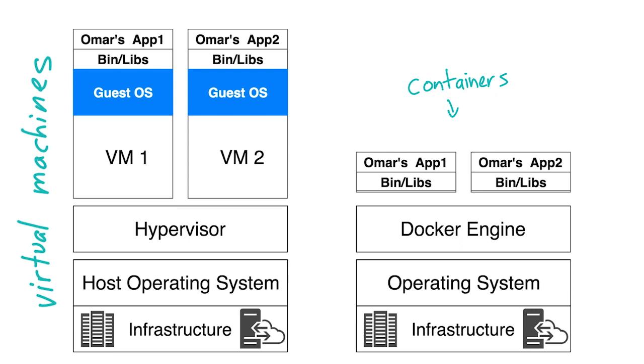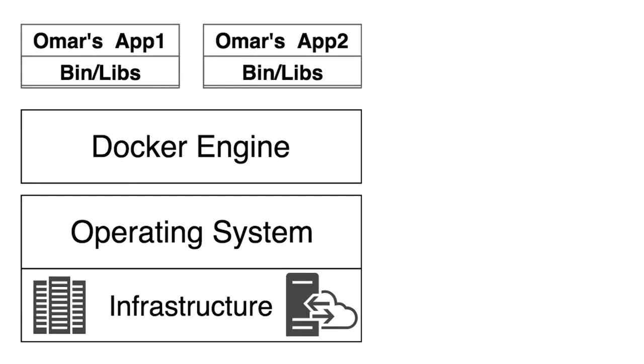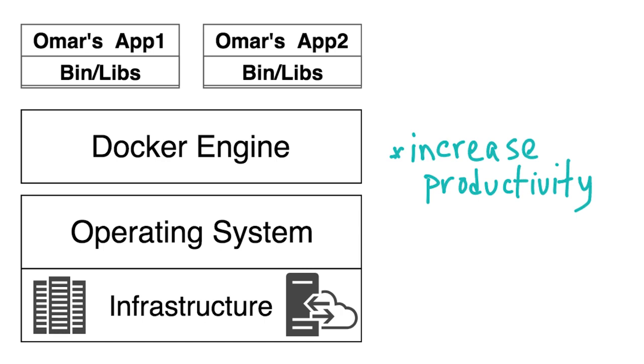Now, the biggest advantage in favor of container technology is that they can be created at a much faster pace than VMs, right? Than virtual machines. Their lightweight footprint enables less overhead in terms of performance and size. Now, containers increase developer productivity by removing cross-service dependencies and conflicts.